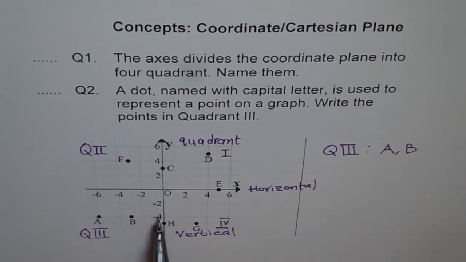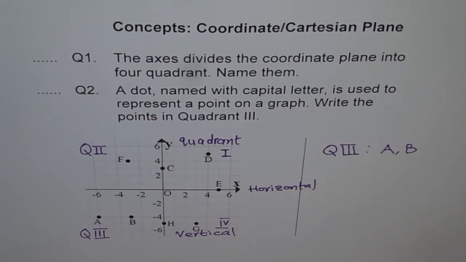So the coordinates of these points, x and y, are both negative. But for H, one coordinate becomes 0. So I don't want to confuse my students at this stage.